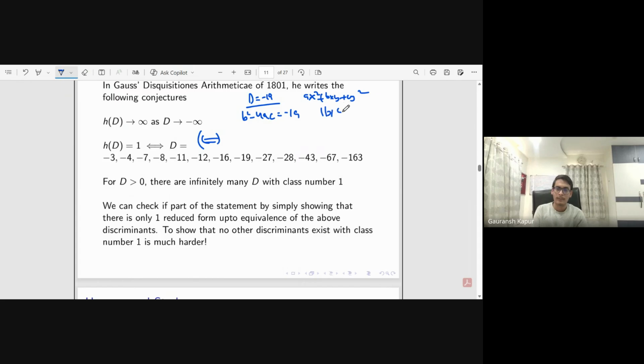And we have this inequality. From above, we had shown that a is less than or equal to the square root of minus discriminant by 3. This is root 19 by 3, which is approximately 2.4 something. So a is either 1 or 2.